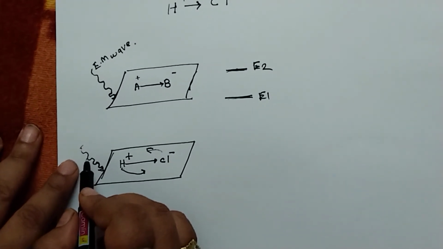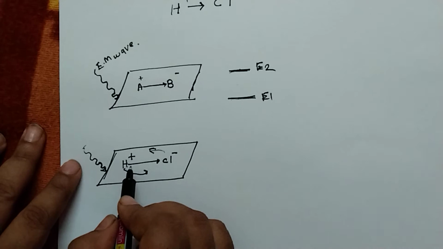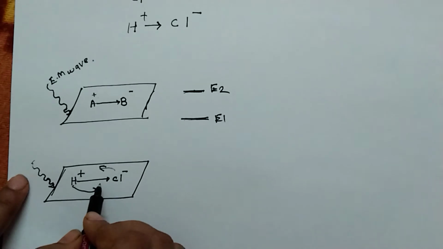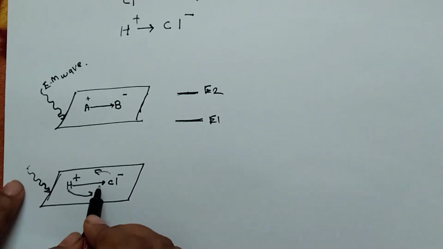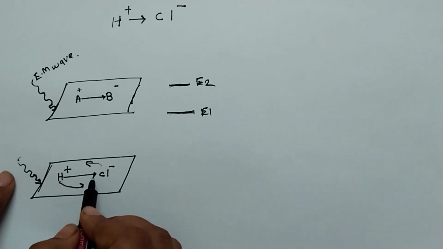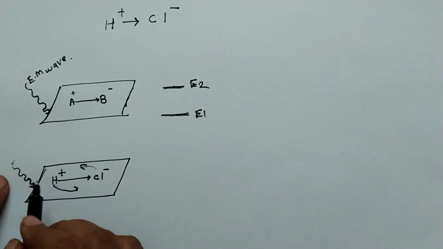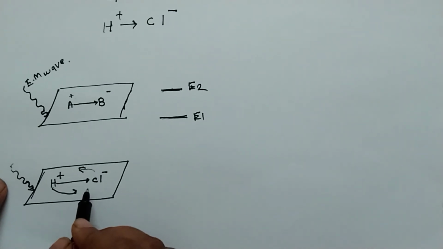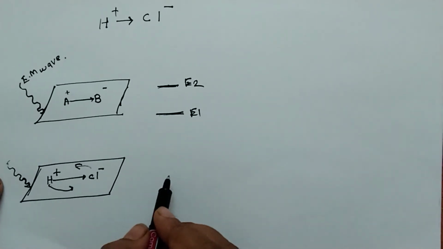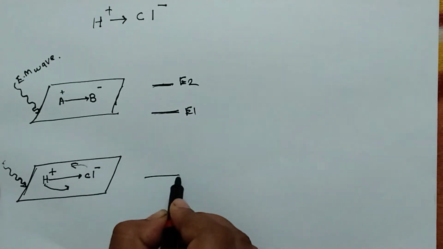When it is bombarded on the molecule, the molecule rotates, its dipole moment changes, and its energy changes. When the energy changes, the frequency of the EM wave matches the frequency of the change in the dipole moment of the molecule, and we finally get absorption of the radiation.